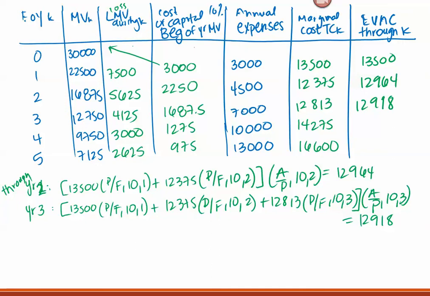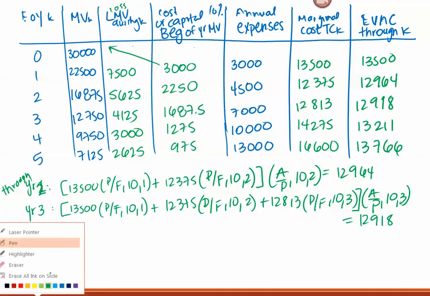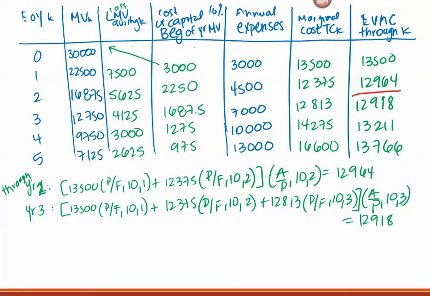And if I do that again through year 4 and through year 5, I'm going to get the following numbers: 13,211 and 13,766, which means my economic life is right here, by very little, by the way. It's very little difference, but this is economic life.